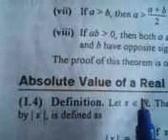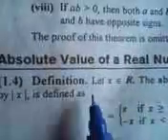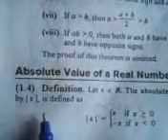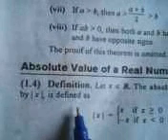So, how do we define the absolute value of real numbers? Suppose that x is a real number. Then the absolute value of x, which is also called the modulus of x, is defined like this. It is denoted by mod of x, and it is defined here.